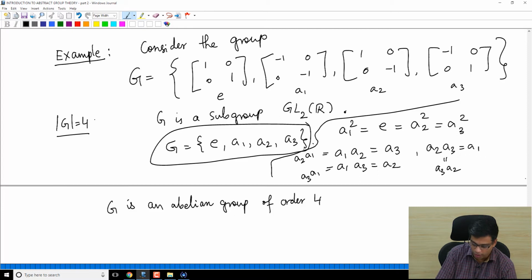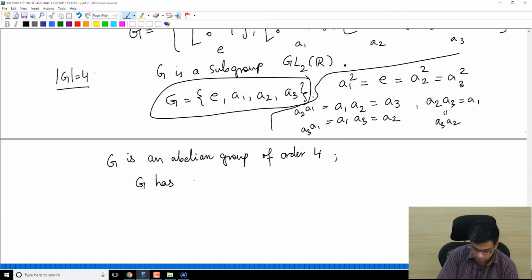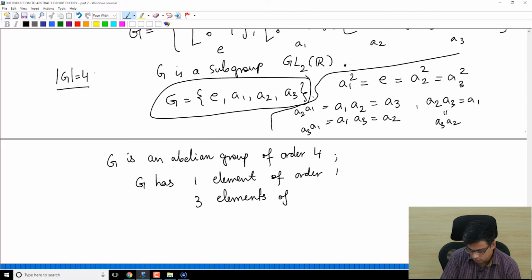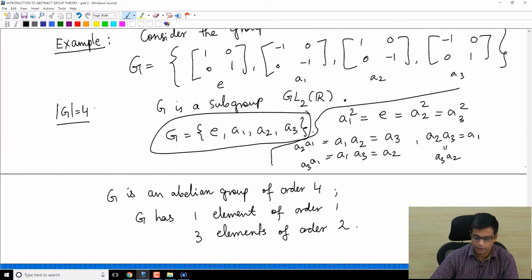A1, A2, A3 all have, G has one element of order 1, and 3 elements of order 2. Okay, so as I said, if you do not feel comfortable with the matrix representation, just don't worry about it.